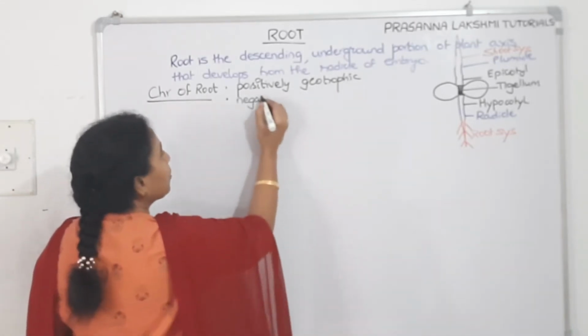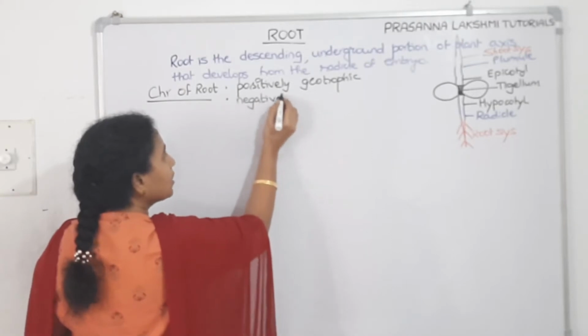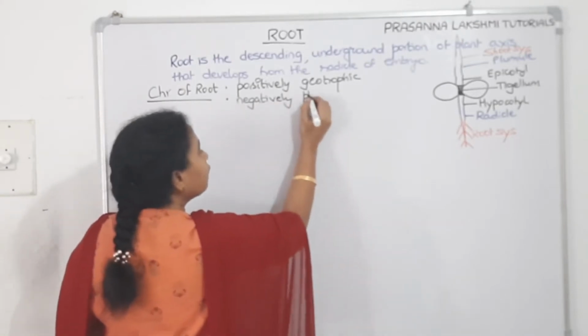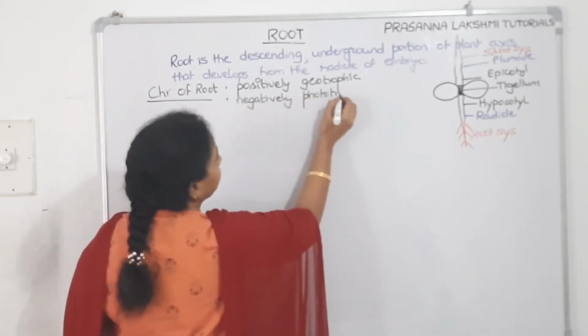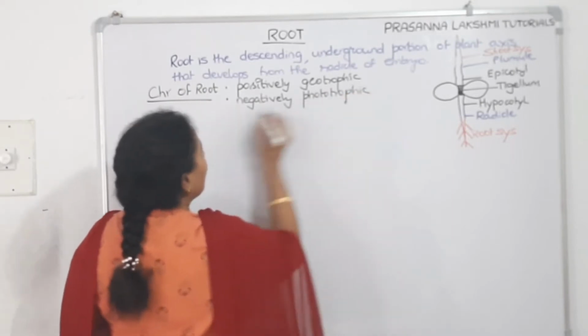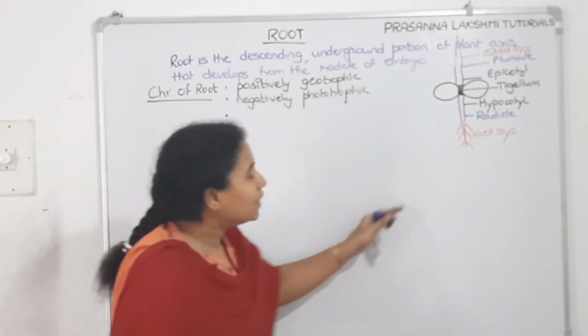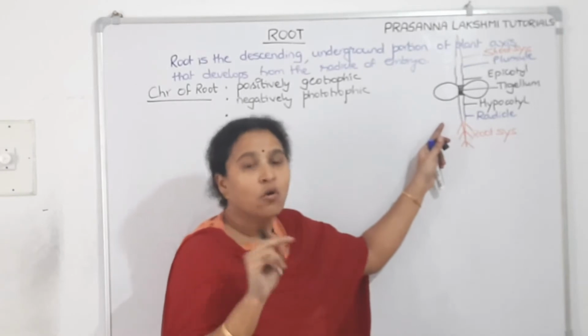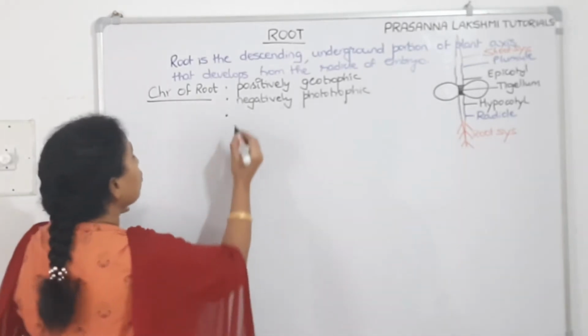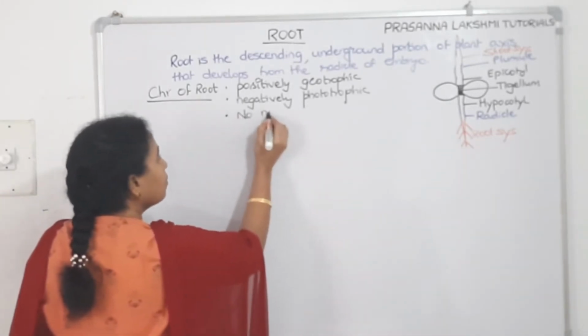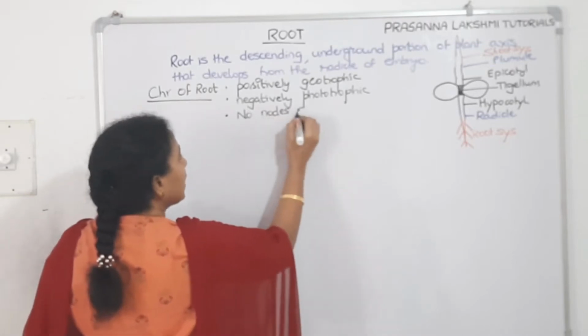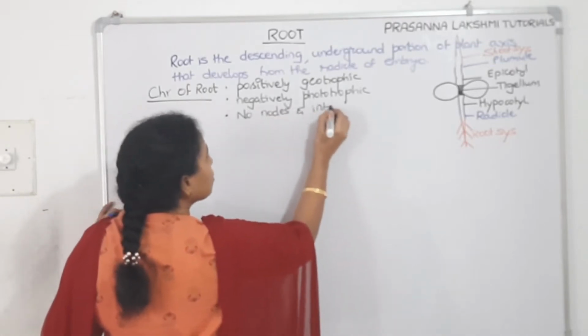Because it is growing, it's not coming up, it is negatively phototropic. And on the root, I did not show any mature regions called nodes and internodes. So no nodes and no internodes also.